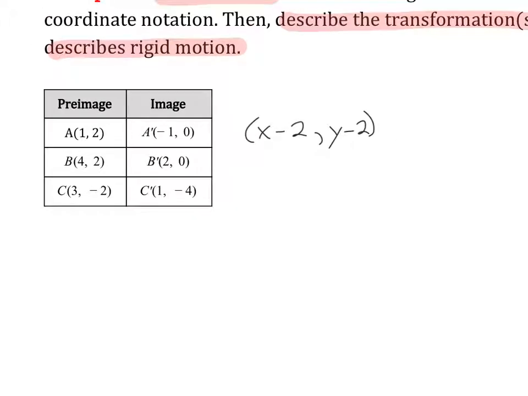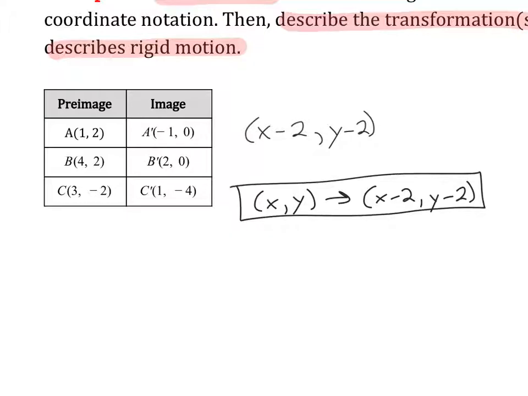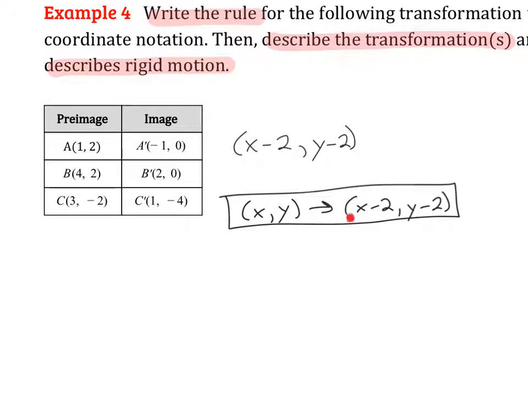So this is the rule that describes how to go from pre-image to image, and let's write it like this: (x, y) goes to (x minus 2, y minus 2). So this describes the rule. Now we can describe the transformations. So remember, anything done to x is horizontal, so I know I'm going to move left or right.